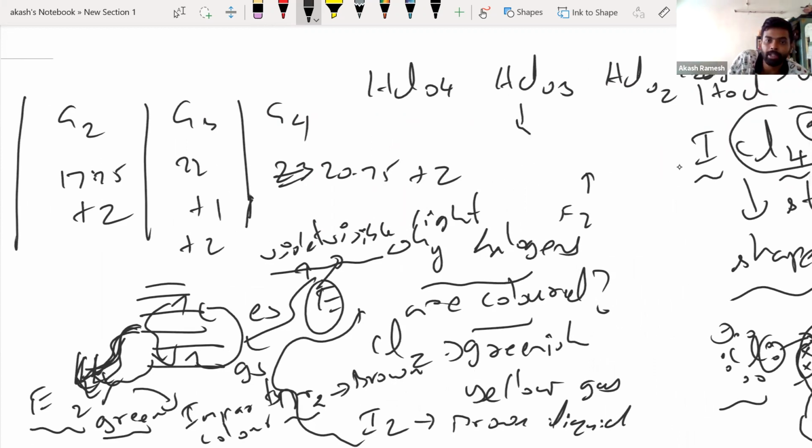Arrange them in the order of oxidizing power, and obviously you have to give me the reason for this. That's your question, group 3.